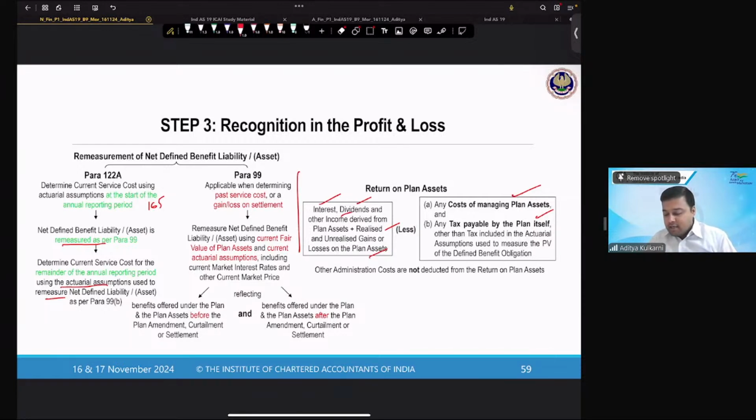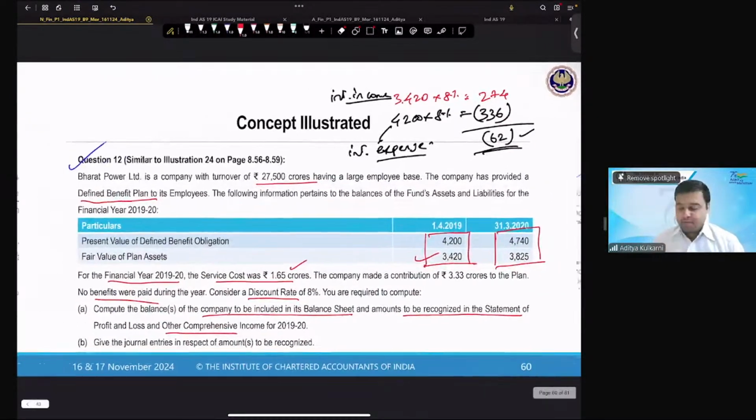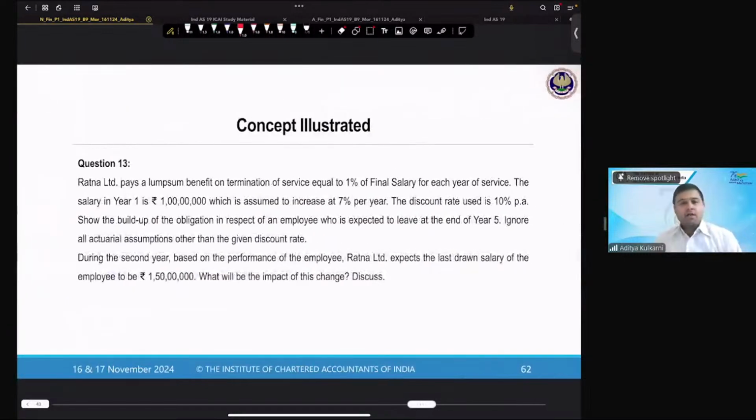So your return on plan assets is all the incomes minus cost of managing plan assets minus tax payable by the plan itself to give you the total return on plan assets. Other admin costs are not deducted from return on plan assets. Okay, so that is a very simple explanation of the return on plan assets.